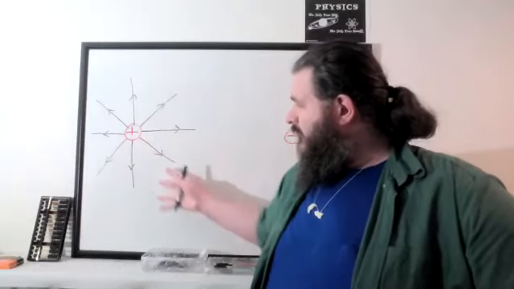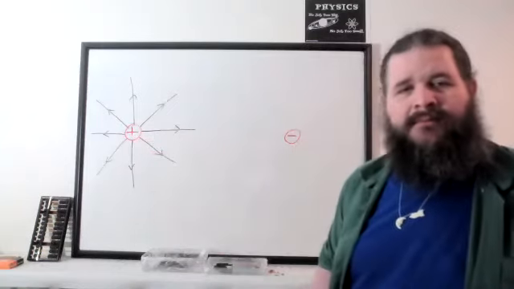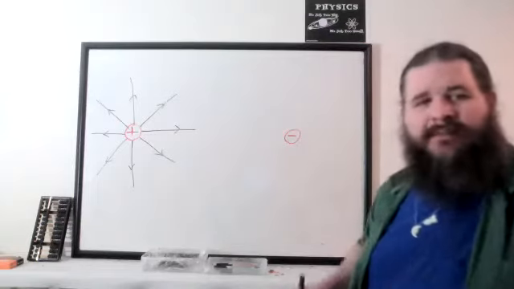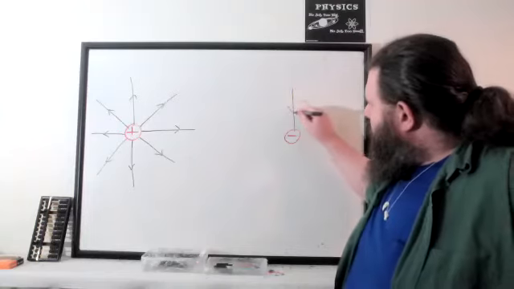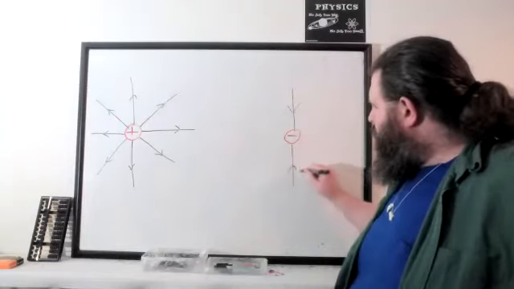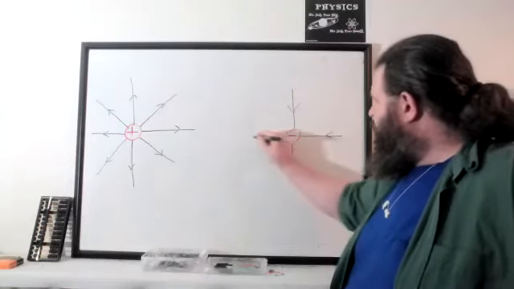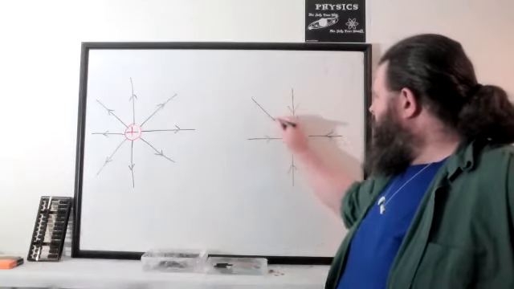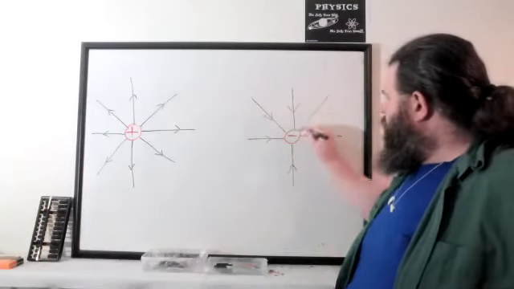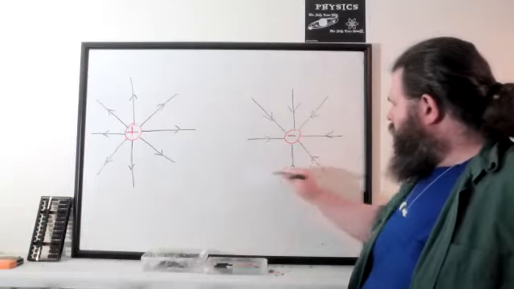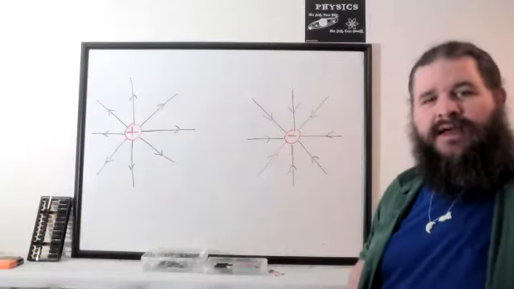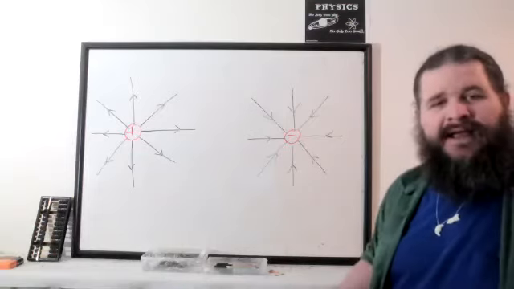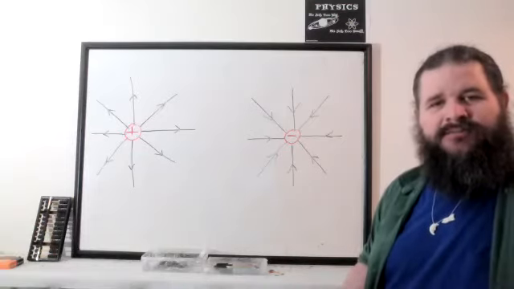In other words, the electric field gets weaker and weaker as you get further away. Negative charge, same idea, except you have electric field pointing inwards instead. So this would be what the field line diagram looks like for the electric field created by a single point negative charge.